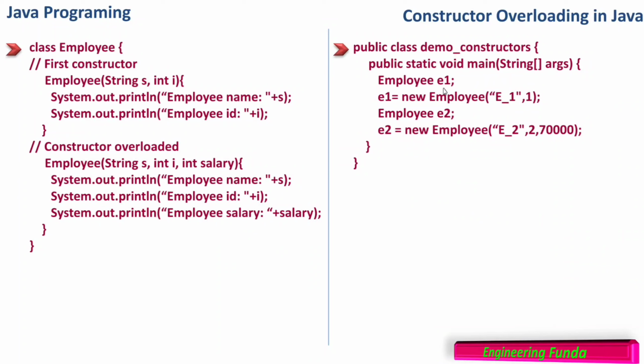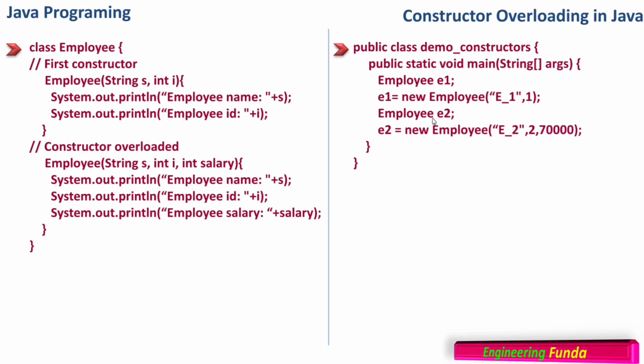We write the first object of the employee class, E1, initializing it with the new keyword and employee, giving the string E_1 and 1. This is a string and an integer, so two arguments, it will match this and call this constructor. So it should print only two print statements.